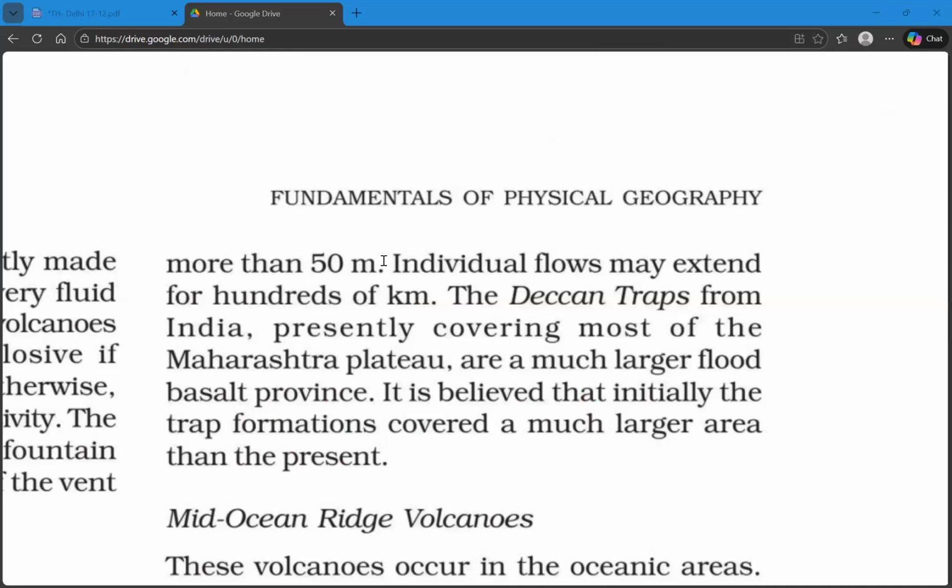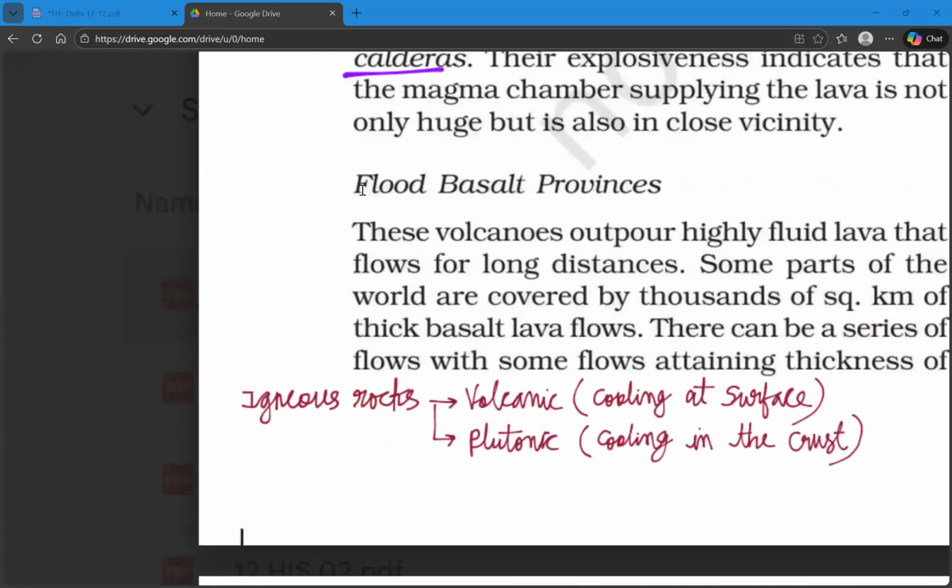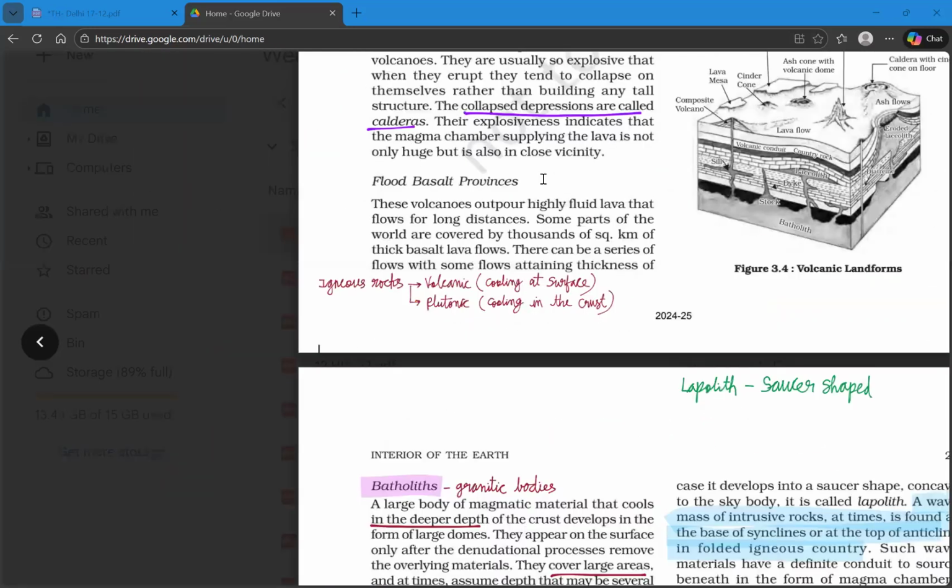Individual flows may extend for hundreds of kilometers. The Deccan Traps from India, presently covering most of the Maharashtra plateau, are a much larger flood basalt province. It is believed that initially the trap formations covered a much larger area than the present. So, the Deccan Traps of Maharashtra is an example of flood basalt flow or basalt provinces.